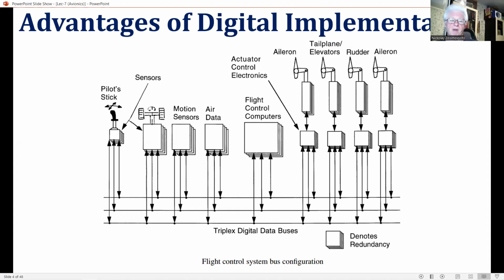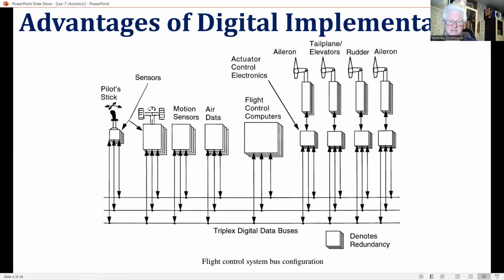The advantages of modern digital implementation compared with analog are overwhelming with the technology now available. For instance, hardware economy. In this case, one computer can control all 3 axes of control, whereas an analog system requires dedicated hardware for each axis of control.